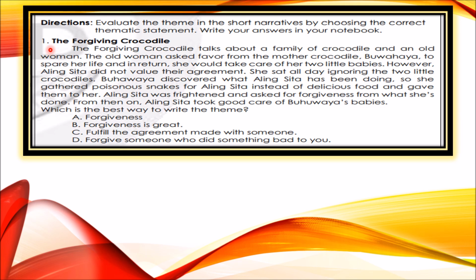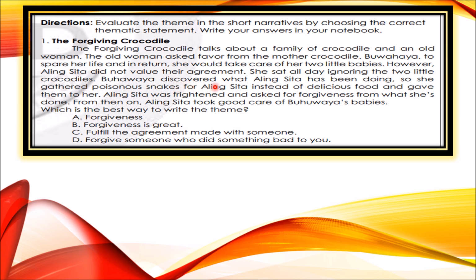The first one is the title, The Forgiving Crocodile. Let us read all together, please. The Forgiving Crocodile talks about a family of crocodile and an old woman. The old woman asked a favor from the mother crocodile, Buhaya, to spare her life, and in return she would take care of her two little babies. However, Aling Sita did not value their agreement. She sat all day ignoring the two little crocodiles.